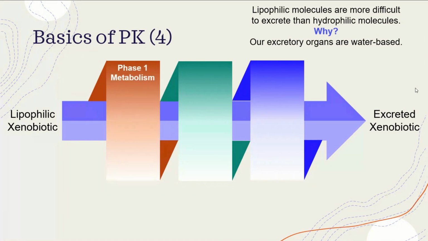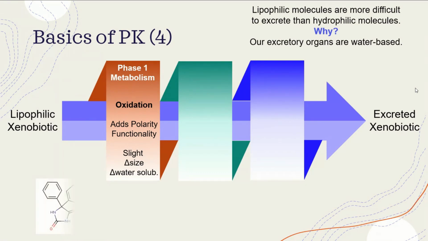So this lipophilic xenobiotic will first go through what's called a phase 1 metabolism, which is generally an oxidation step where we're adding polarity, adding some functional or reactive group that is changing the properties of the lipophilic xenobiotic. We're getting a slight change in size and a slight change in water solubility. But as we'll talk about, this is making it a better substrate for the next phase in the reaction.